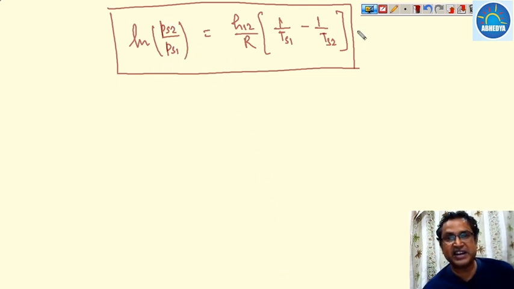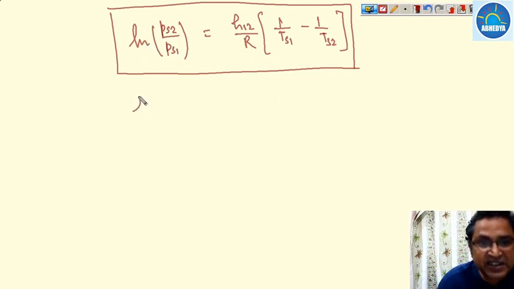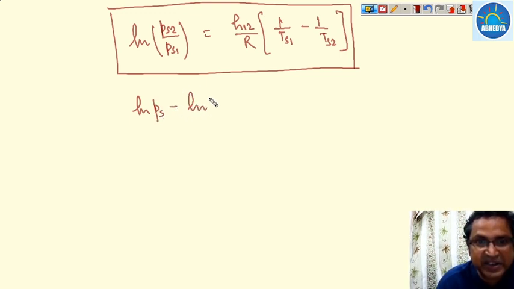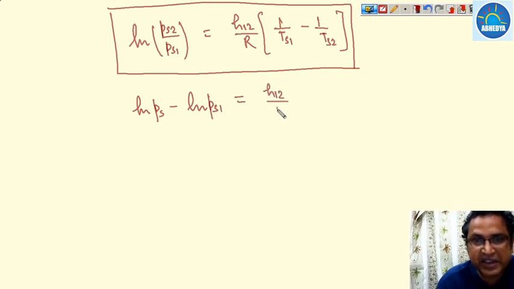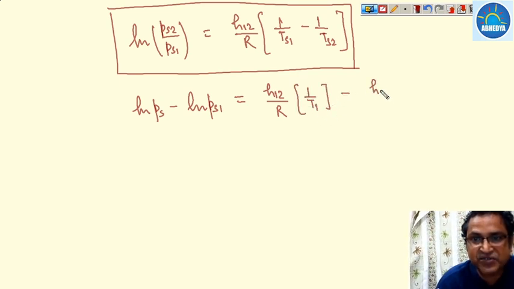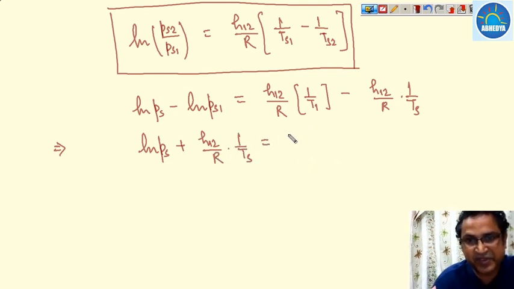If we write this equation, it can be written as ln Ps2 minus ln Ps1 is equal to H12 by R of 1 upon T1 minus H12 by R into 1 upon Ts, or we can write this equation as ln Ps plus H12 by R into 1 by Ts is equal to constant.